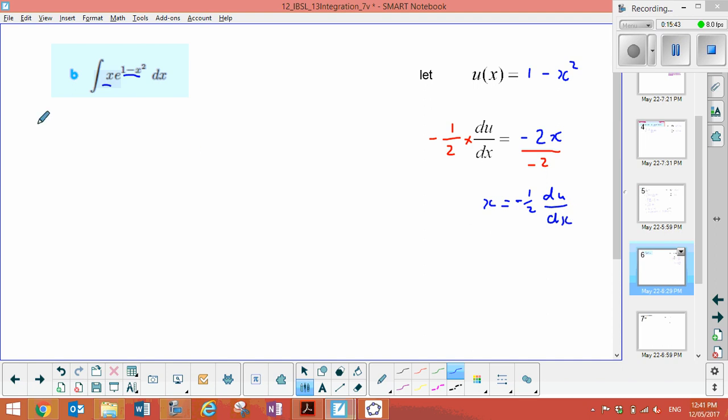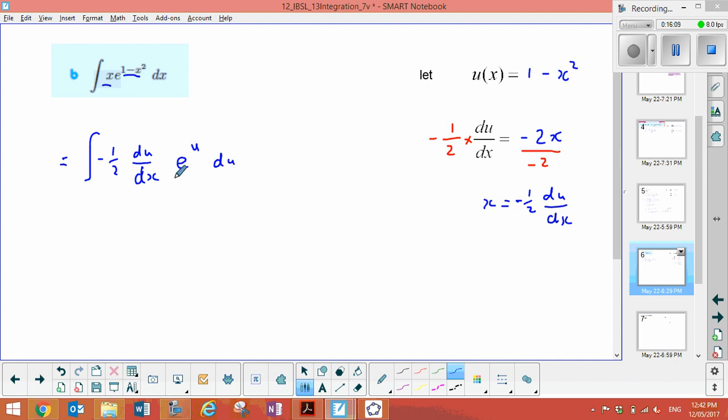So now when we do our substitution, we get the integral of minus a half. So our x is swapping for all of that. Minus a half du dx, e to the u, because there's our u, our 1 minus x squared, du.